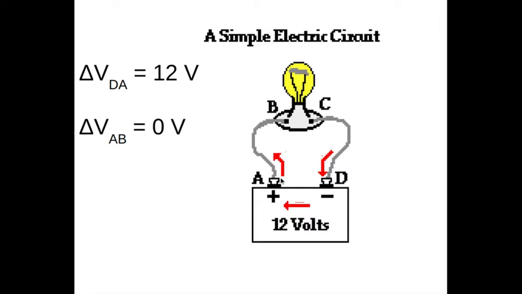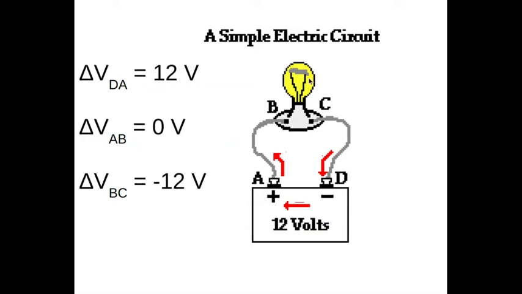In other words, what that means is the amount of energy per charge didn't change as we go through that wire, because the wire basically doesn't use any up. Now that's idealized. In reality, the wire would use up a teeny bit of voltage, but we're going to ignore that for now. This right here says the difference in voltage from B to C is negative 12. In other words, as we went through the light bulb, we dropped in electric energy.